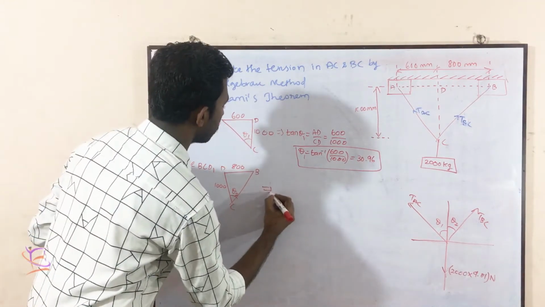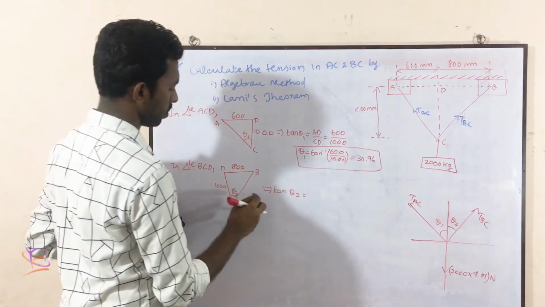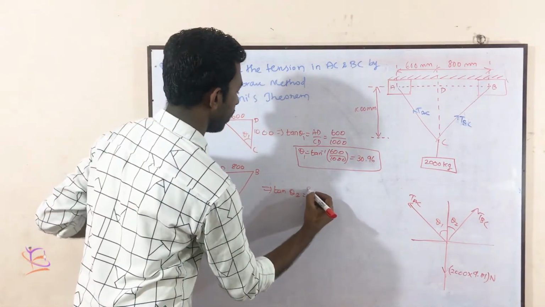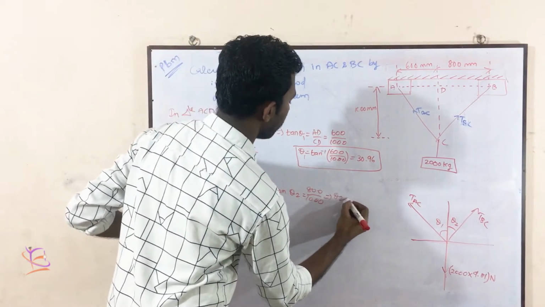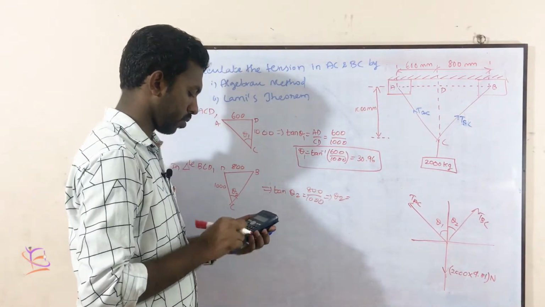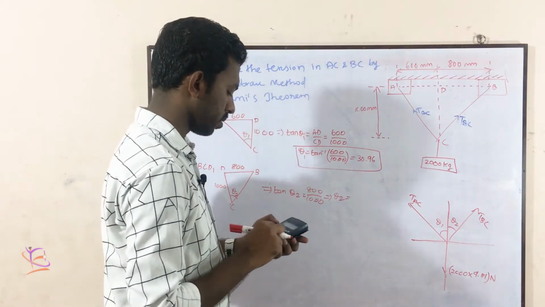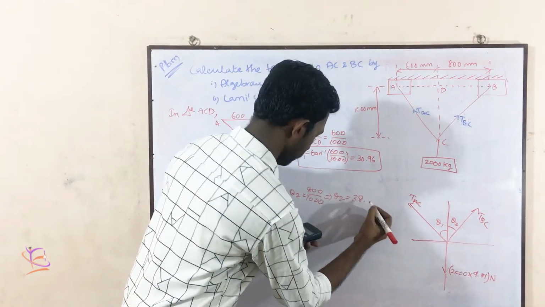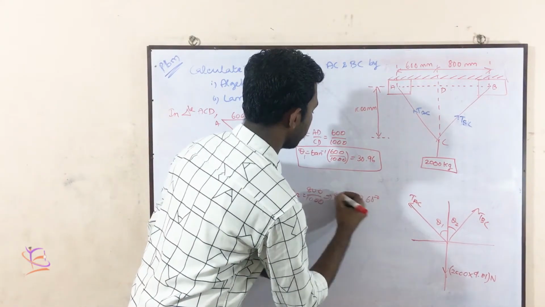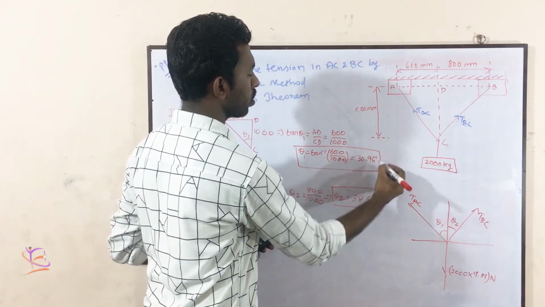Same concept: tan theta 2 is equal to opposite by adjacent side, 800 divided by 1000. Theta 2 is equal to tan inverse of 0.8, which is 38.658. So we know both theta 1 and theta 2.